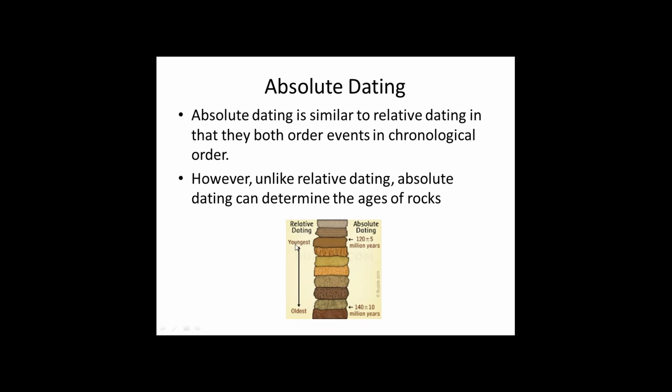The youngest on the relative dating side is approximately 115 to 125 million years old. And the oldest down here, this layer of rock, is approximately 130 to 150 million years old. With absolute dating, we can get a much more precise date on these rocks.